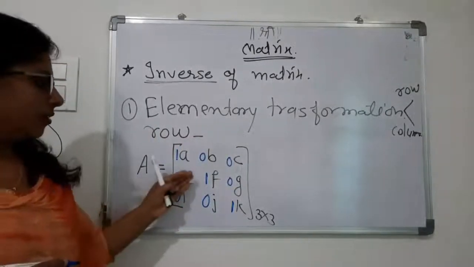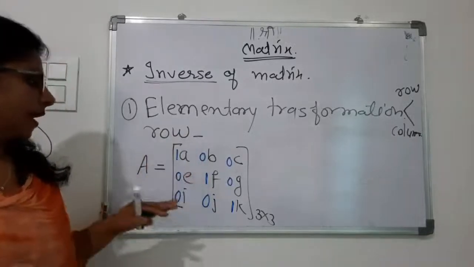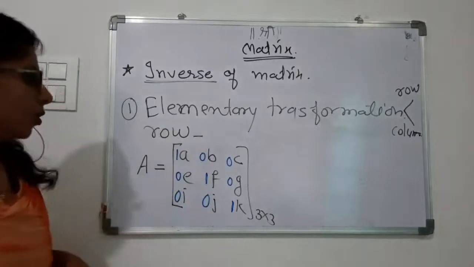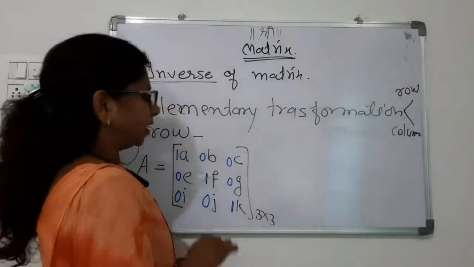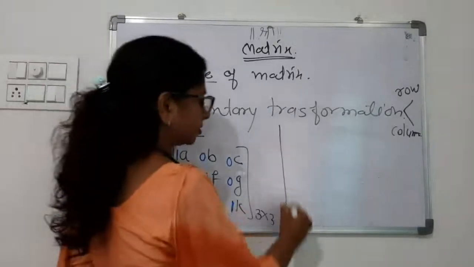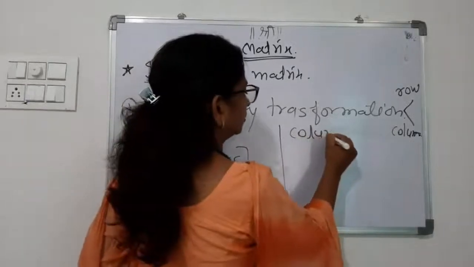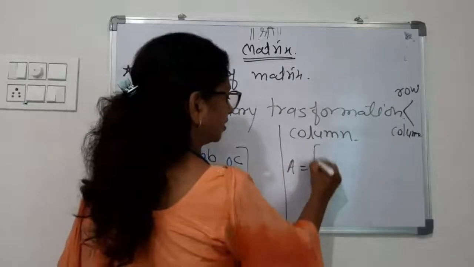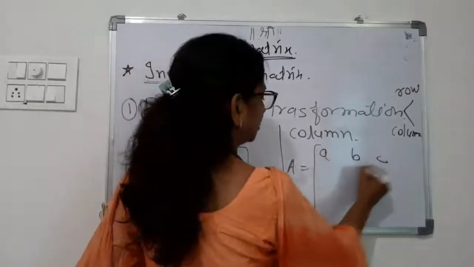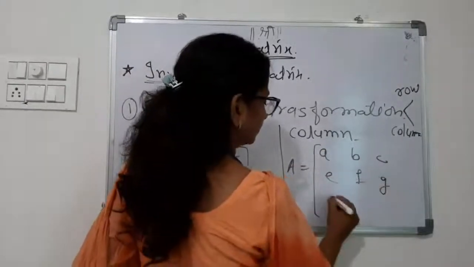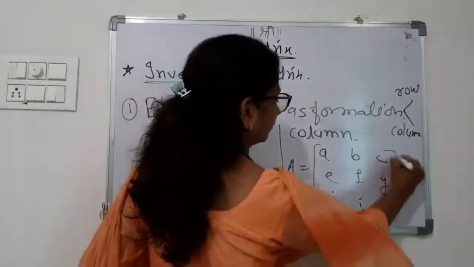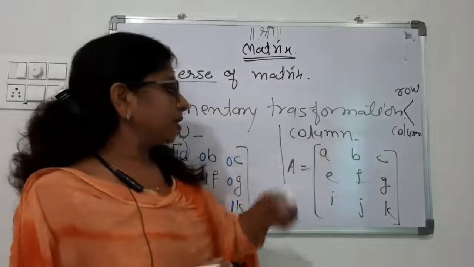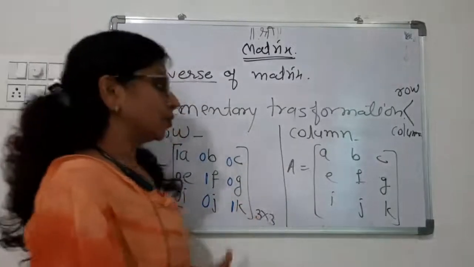Okay, to make our A into identity matrix, we have to go column by column if we are applying row transformation. And if we are applying column transformation, then again, if same matrix, I will have here A, B, C. So if we are applying column transformation, then we have to go row by row.